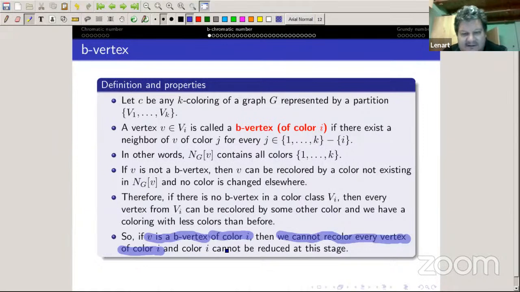So we are interested in color classes without b-vertices, because such color classes can be recolored at some stage. Every member of this color class can be recolored by some other color. Not all the vertices with the same color, but maybe with different colors.